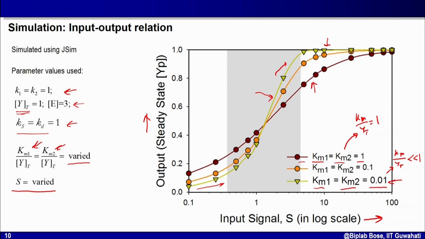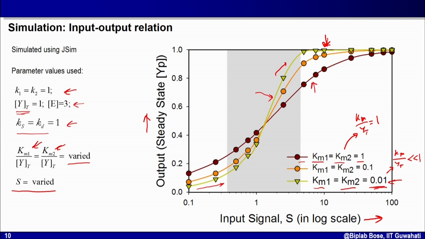As you can see here, for this particular case, where the ratio of Michaelis-Menten constant and the total Y is 1, as I change S, the steady state value of Yp changes almost linearly. It has slight sigmoidal behavior. Whereas, when I change this ratio and make it much smaller than 1, at 0.01, the input-output behavior becomes sigmoidal.